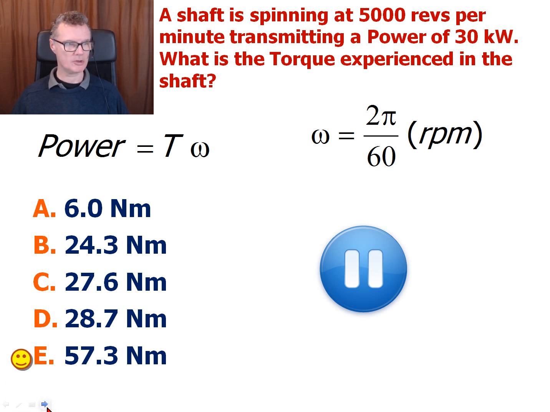So you should have got that the answer is 57.3. Hopefully that was straightforward. We've got the power, the 30,000, and I've got my 5,000, which I'm going to multiply by 2 pi divided by 60. Putting all of them into your calculator, you should get 57.3. Okay, sorry, what's the torque here? We're given the power, so I'm going to rewrite this equation.